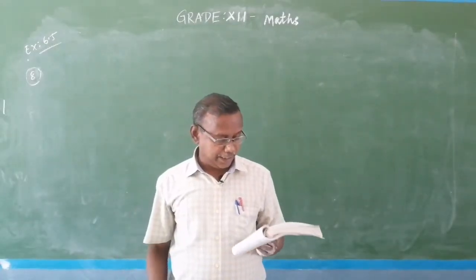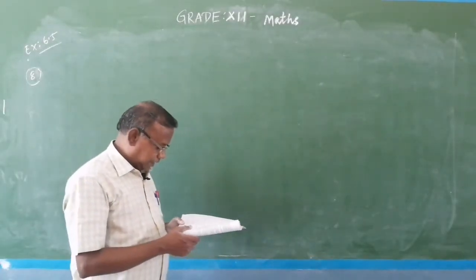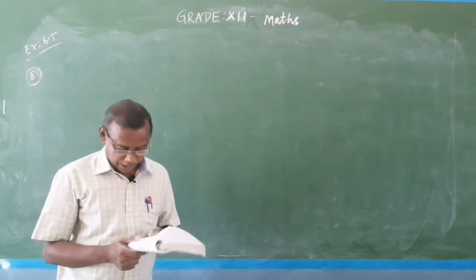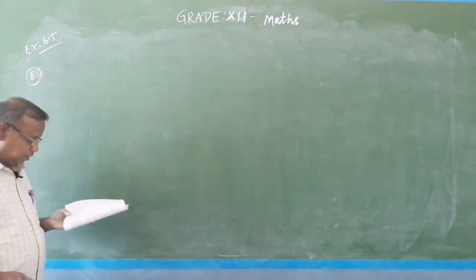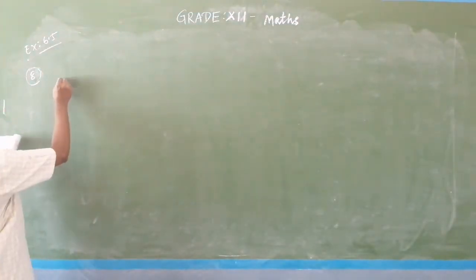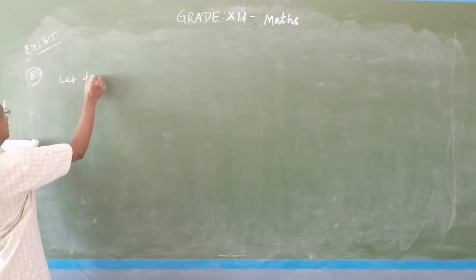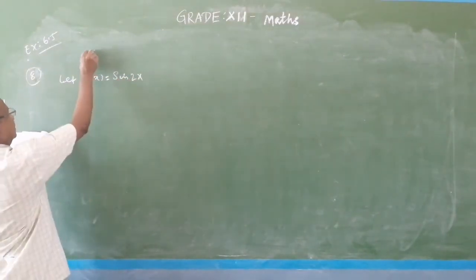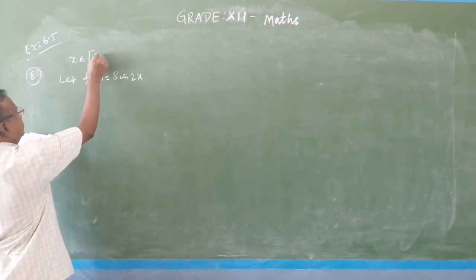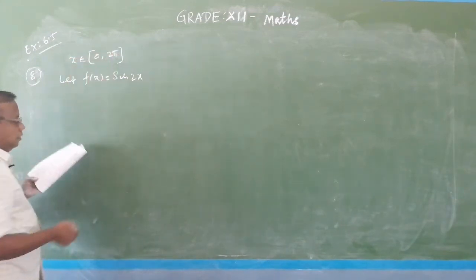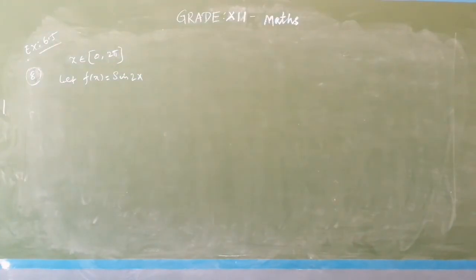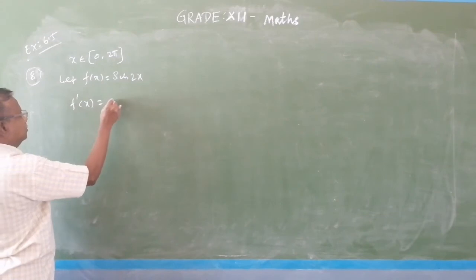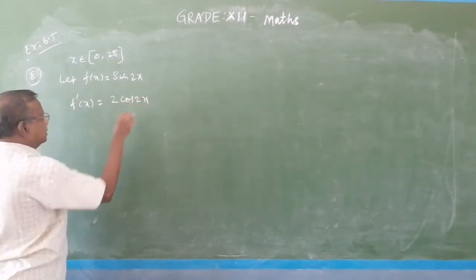Next, question number 8. At what points of the interval 0, 2 pi does the function sin 2x attain its maximum value? Now, let f of x equal to sin 2x where x belongs to 0, 2 pi. Differentiating once, we have f dash of x equal to 2 cos 2x.